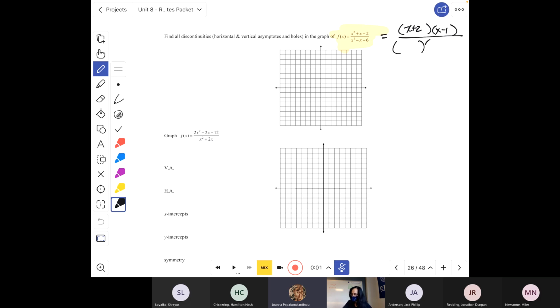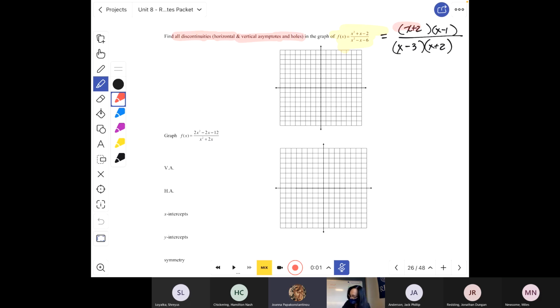Factor the denominator. Okay. Now, you are being asked to find all discontinuities. That means I'm looking for horizontal asymptotes, vertical asymptotes, slant asymptotes, holes. Those are your discontinuities. You have to state all of them.